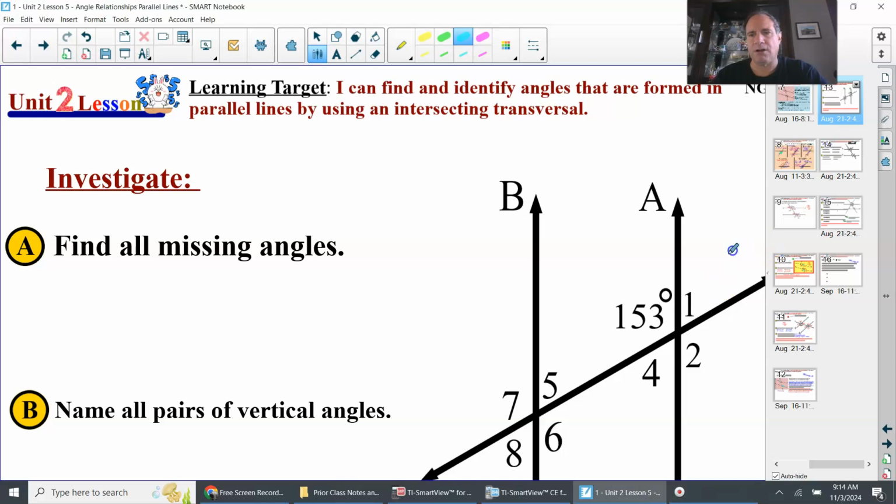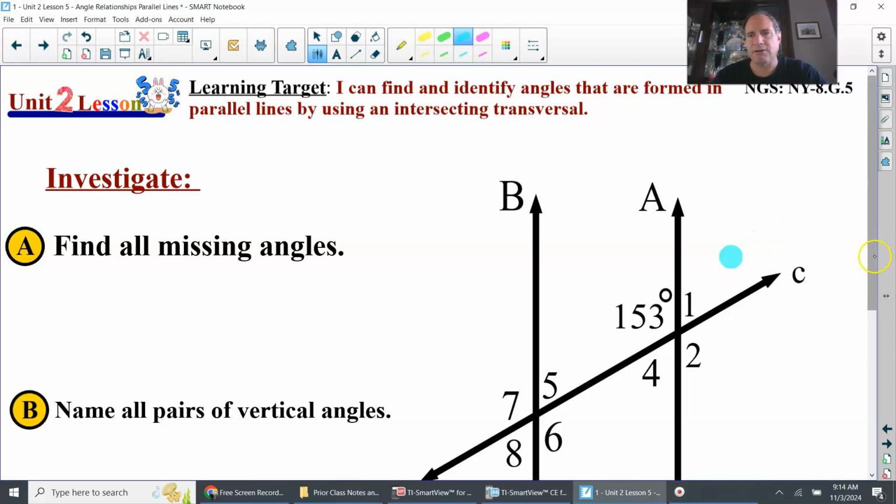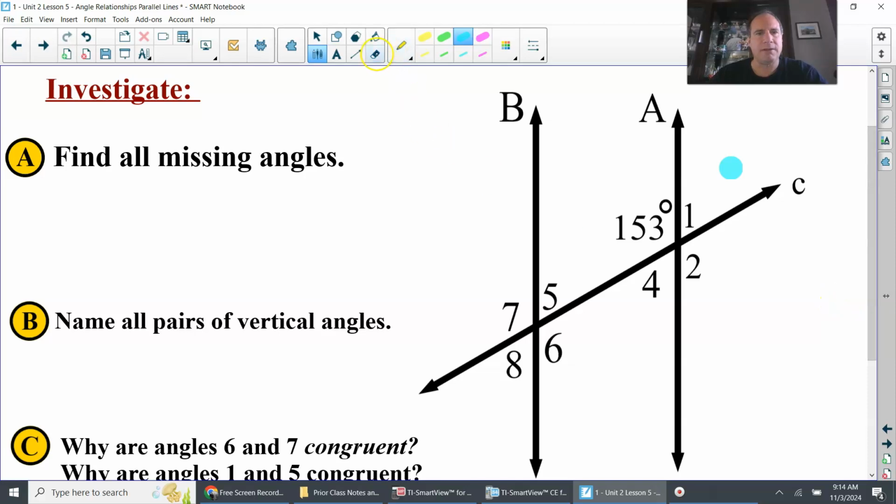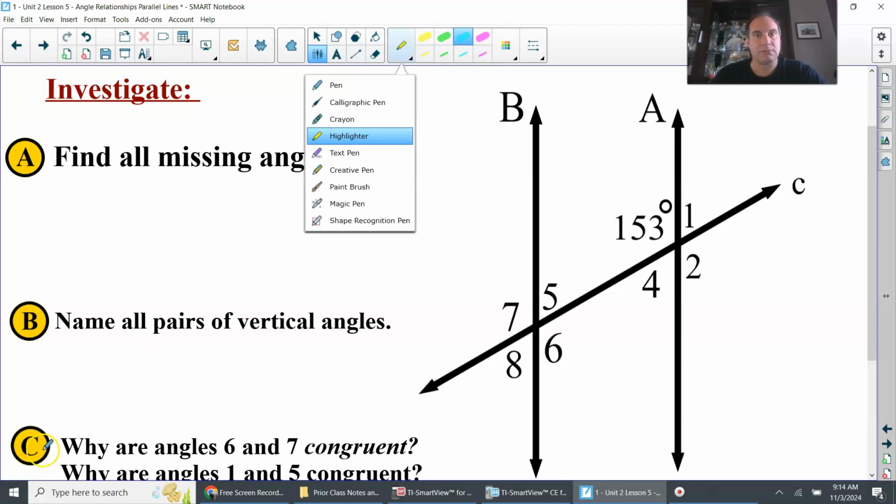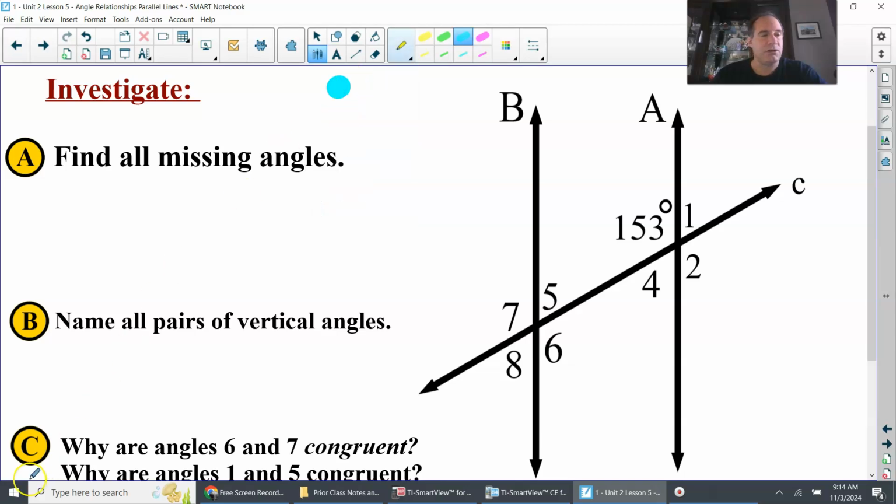So basically finding all of the missing angles right here. They start you off with 153, and we are going to try to erase that. Okay. So 153, notice about 153, that is an obtuse angle. Obtuse angles are greater than 90 degrees. So here's 153 degrees, and the other obtuse angle that I see is 153. Do we see more obtuse angles down here?